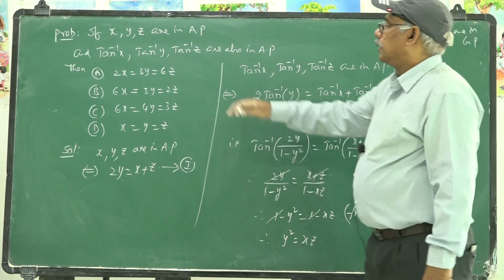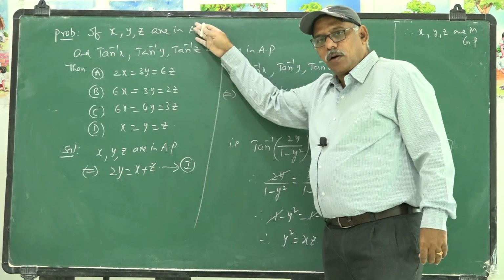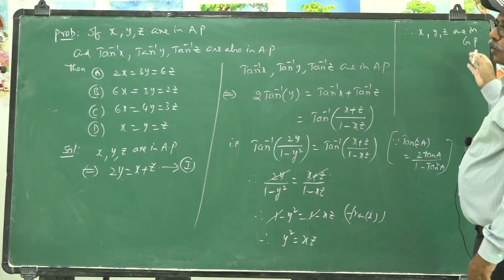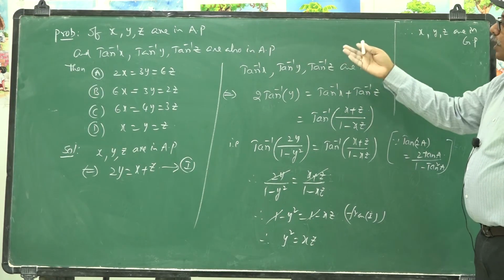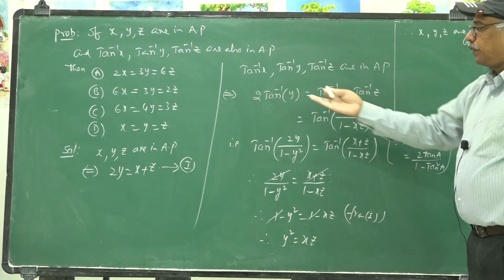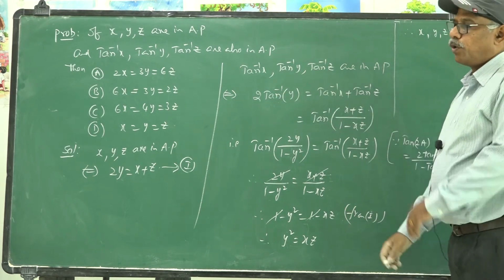So from the given information x, y, z are in AP as well as in GP. So x, y, z are in both AP and GP. That is possible if and only if x equal to y equal to z only.